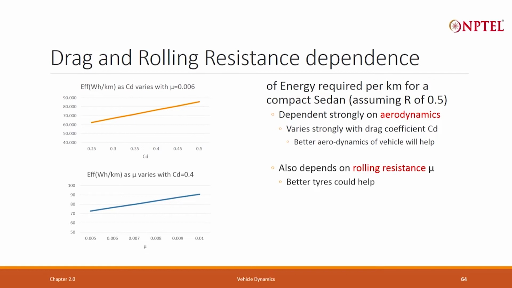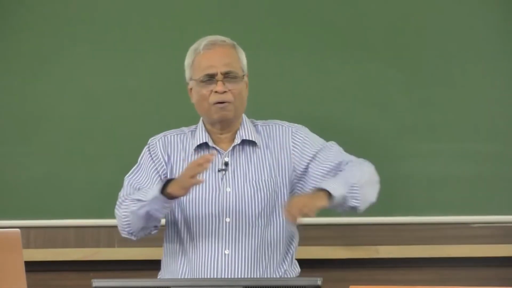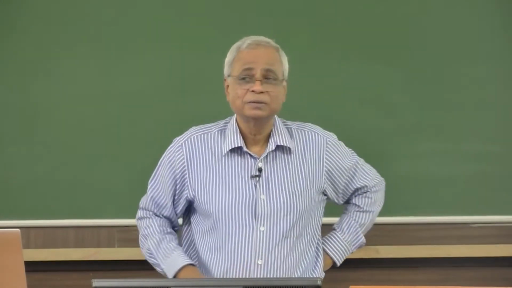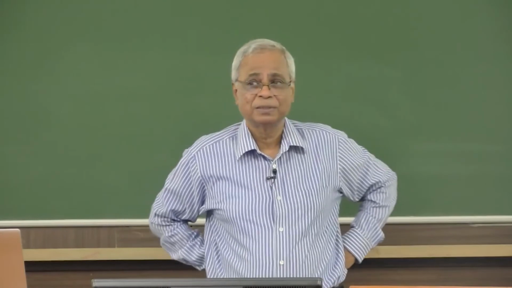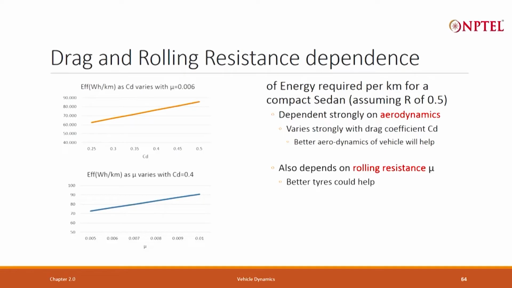Remember, somebody will say, well, it will add 2000 rupees extra for all the tires, there are so many tires. In a sedan, there are only 4 tires. It will add 5000 rupees. But if 5000 rupees will give me 10 watt-hour per kilometer reduction, you can just compute.